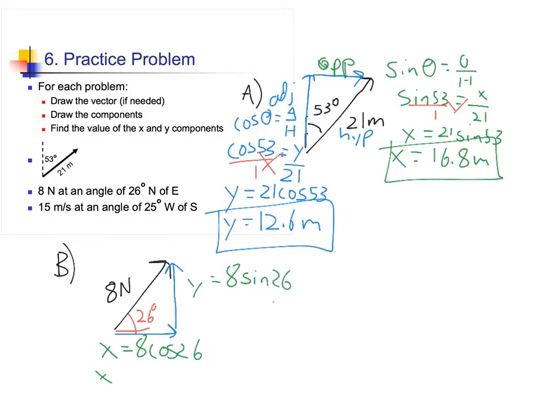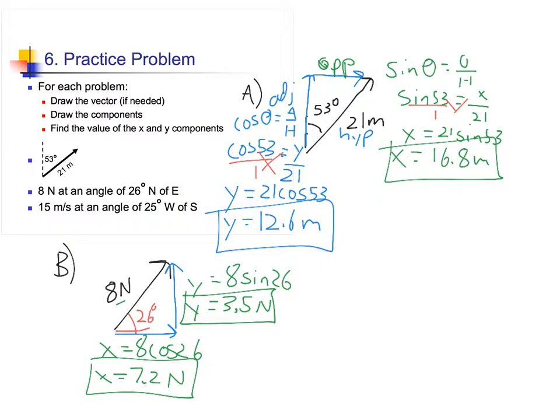So I calculate these, and I get that my x component here is 7.2, and it's going to be newtons because that was the unit of my hypotenuse, and the y is going to be 3.5, and that's also in newtons. And so you see here, we're just jumping right to these 2 points, and like I said, I'm totally fine with that. If you feel the need to write it out every single time, if that helps you out, that's perfectly okay, but it's certainly not necessary.